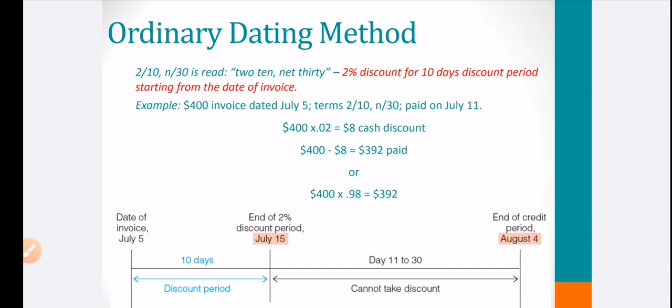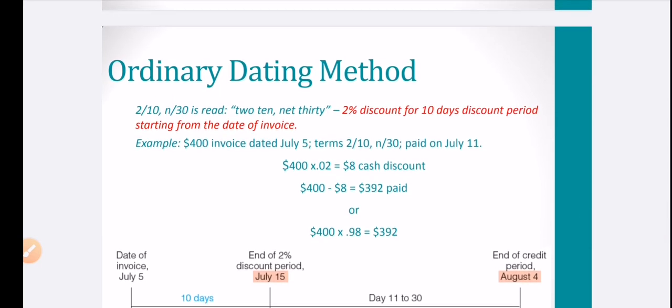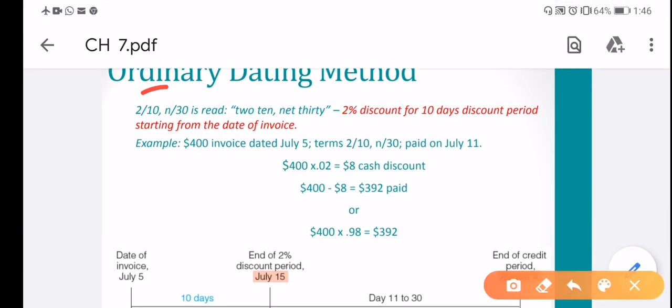We use the following term: 2/10 n/30, and we read it as 2/10 net 30. What is 2/10 net 30?